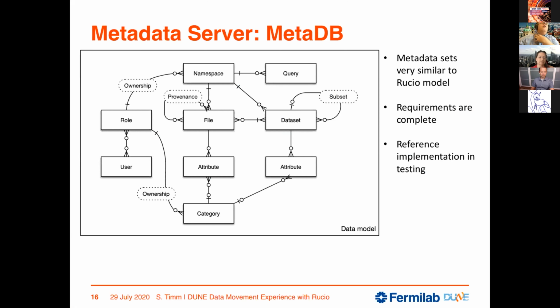We also follow the Rucio notion of namespaces, so that you can have production namespaces, you can have individual user namespaces, and then we have roles of who can create the metadata, who can use the metadata, who can read the metadata, and so forth. And also the concept of arbitrary attributes, some of which can be restricted to a list of values, or some that can take on arbitrary values.